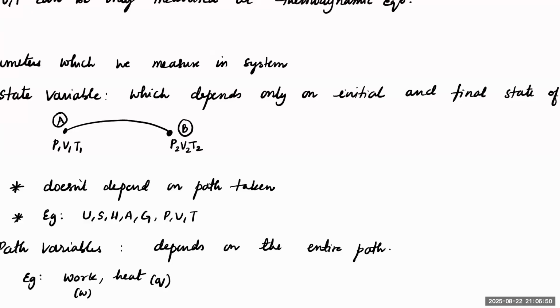Clear? So pressure, volume, temperature also do not depend on how you achieved the state, whether you heated the gas, or whether you pressurized it because of which the temperature increased, doesn't matter. Whatever the act you have done, whatever the event you have done, if there is some change in the pressure, volume, temperature, that is a new state, irrespective of how it is achieved.